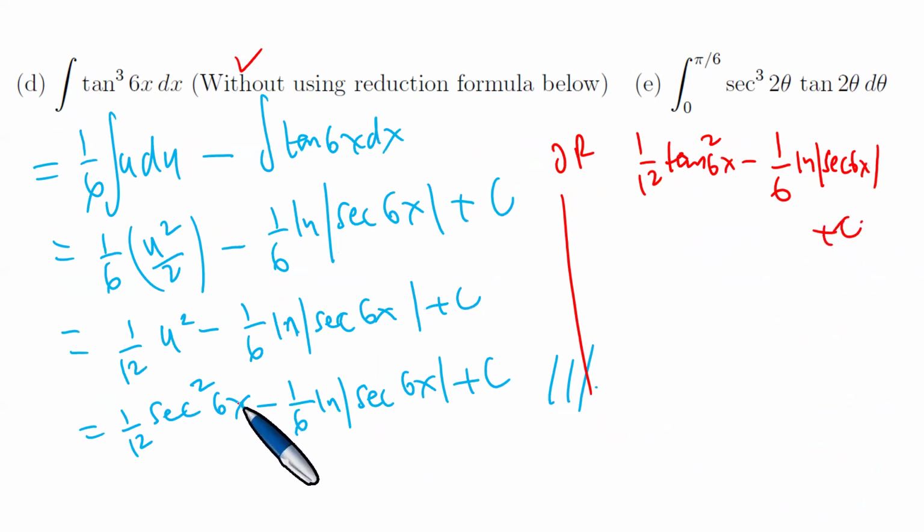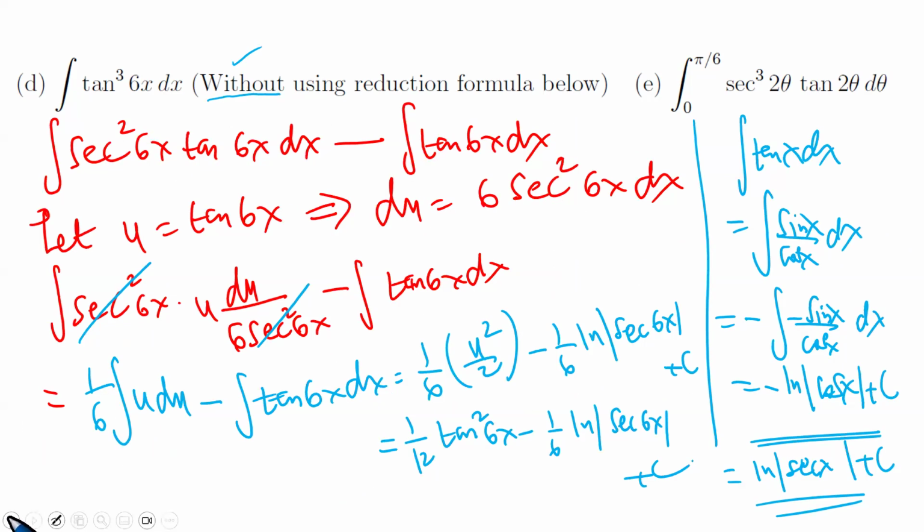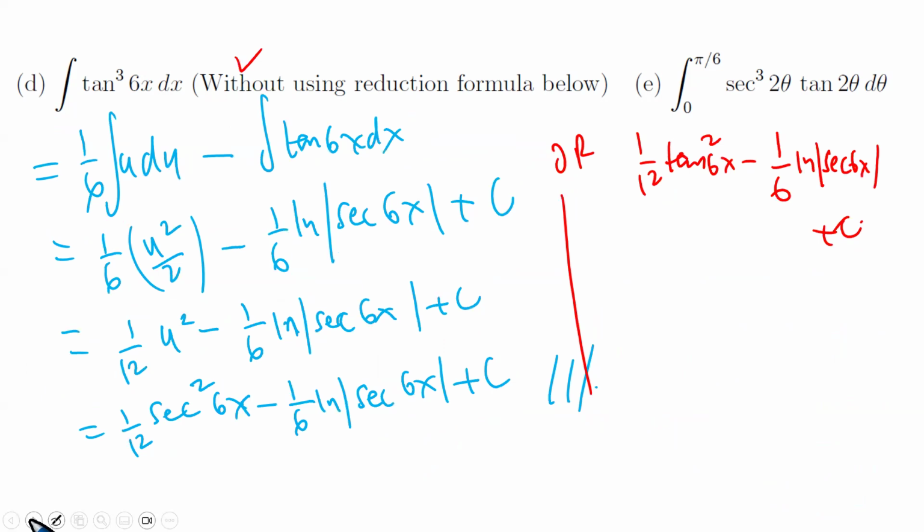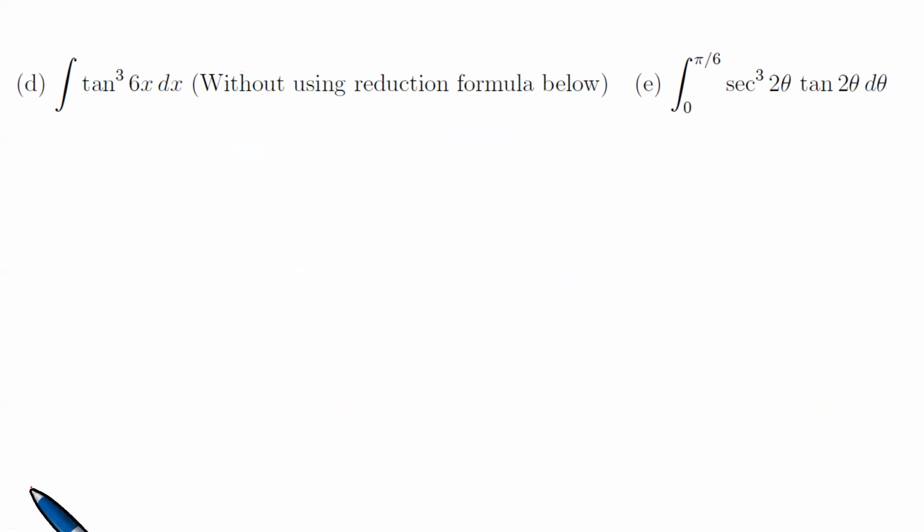Yeah, in which case, therefore, you can get this one or this. So both answers are correct. Although they look a little bit different from each other, they are correct. So there's something you need to take note of, and understand the differences in the answers.